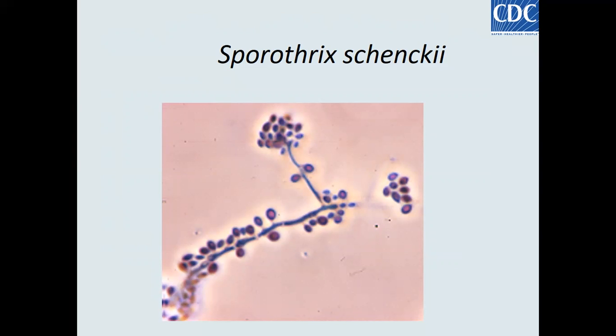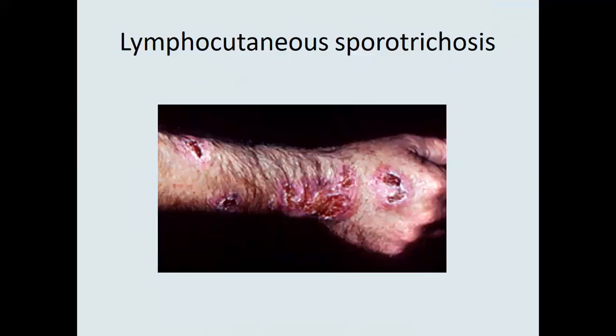So this fungus lives in the soil, and people who like to garden and work with roses, this can cause something called rose gardener's disease, because the spores can be on the thorns. And if you get pricked pretty badly with a thorn, those spores can get down in your skin, and you can have something like this happen.